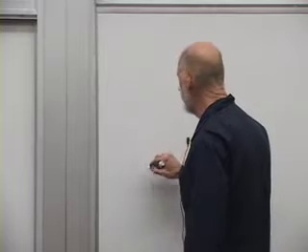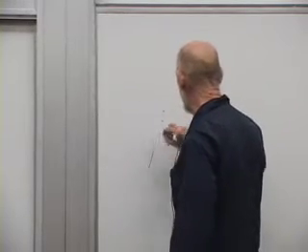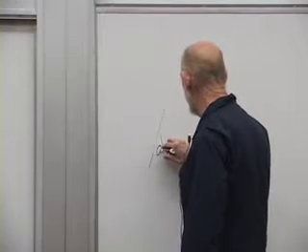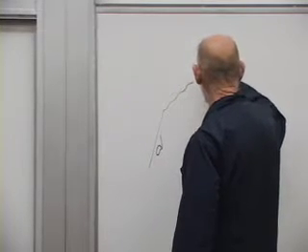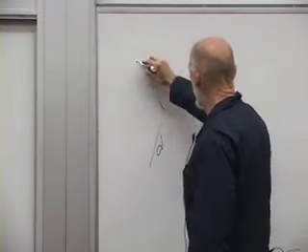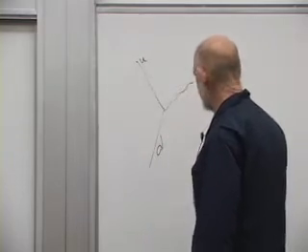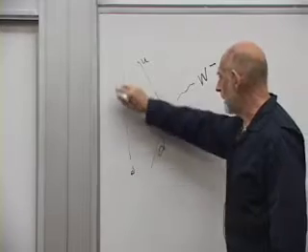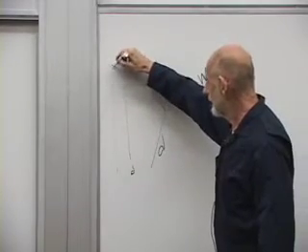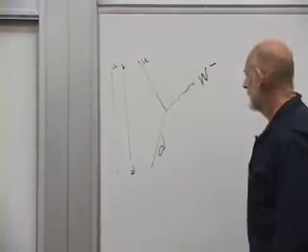Let's think about the decay of the neutron. The decay of the neutron originates from a down quark inside the neutron, the down quark emitting a W minus and becoming an up quark. So let's add in the other quarks. There's another down quark and an up quark. All right.